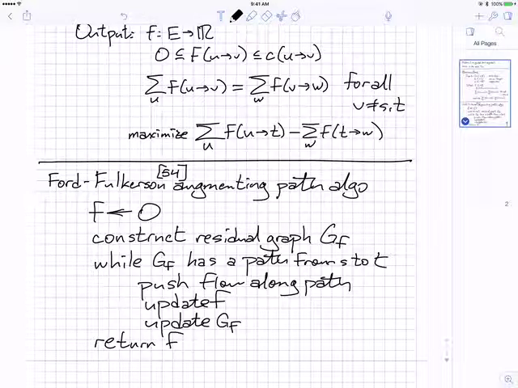So remember, I've got two different inequalities that I have to satisfy. The flow has to be between these two values, 0 and the capacity. If the capacity is 10 and I've got 3 units of flow going through, I can push 7 more units of flow forward, or I can push 3 less units of flow forward, which I'm going to think of as 3 units of flow going backwards.